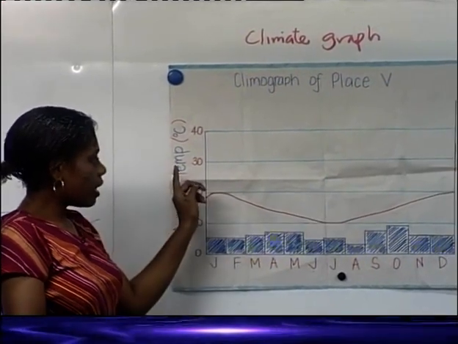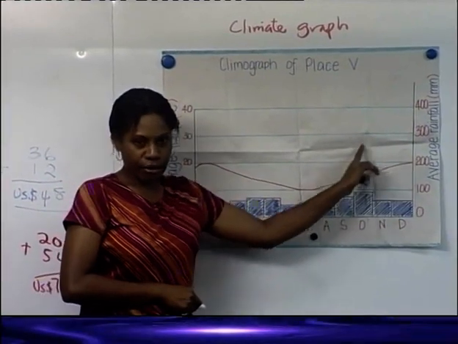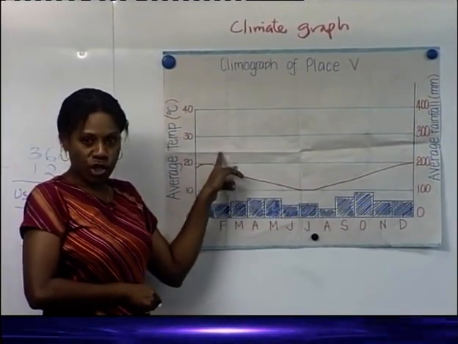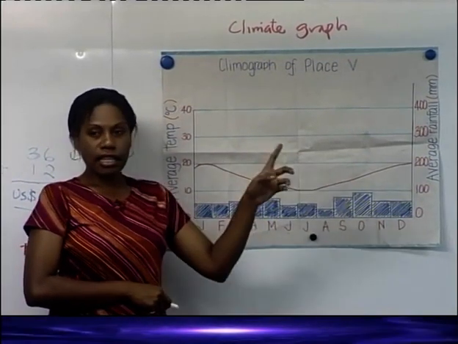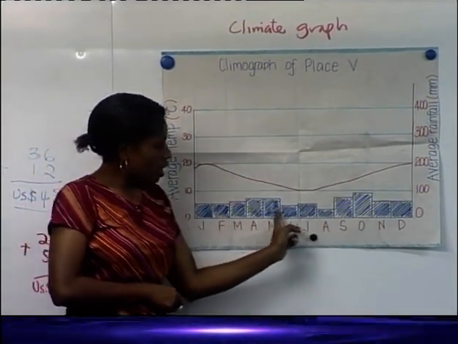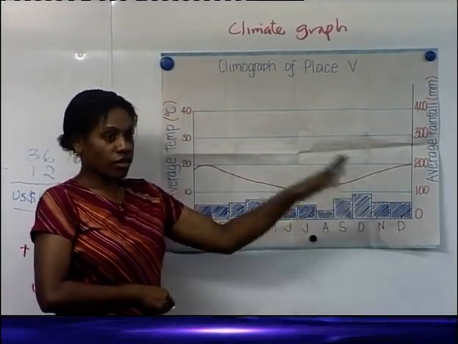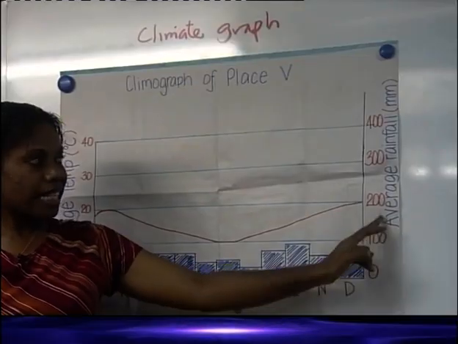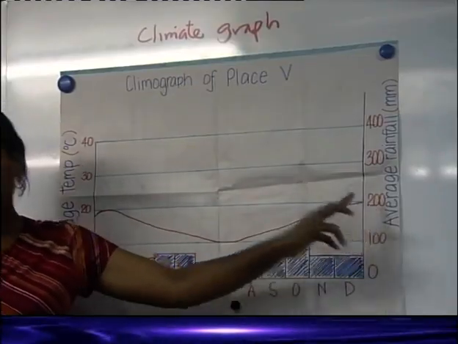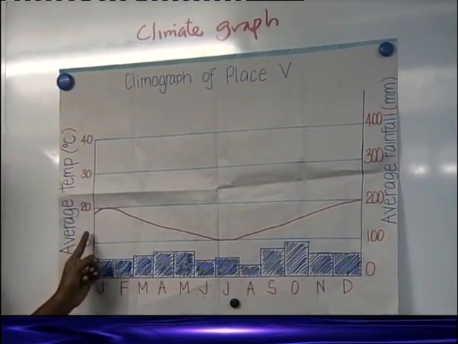We have the line graph, which shows the temperature readings, and the column graph, which shows the rainfall measurements. The rainfall measurements are measured in millimeters, and the temperature readings are measured in degrees Celsius.